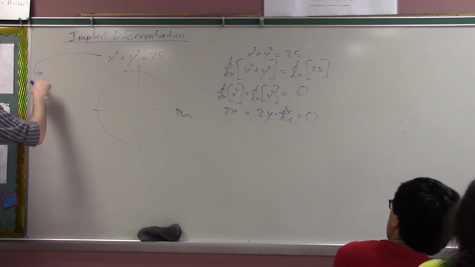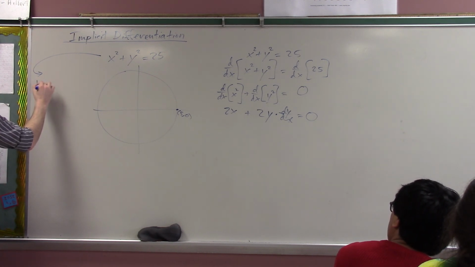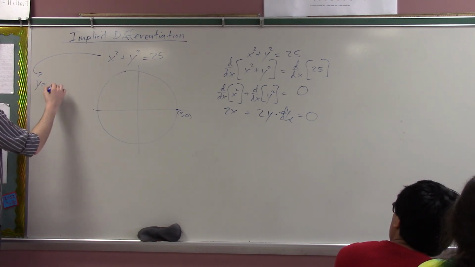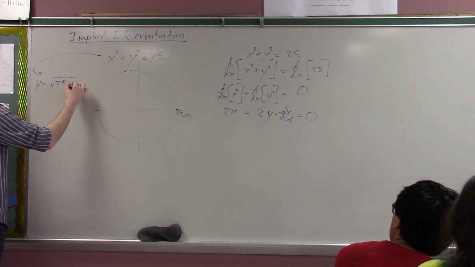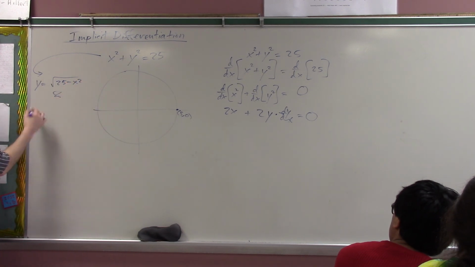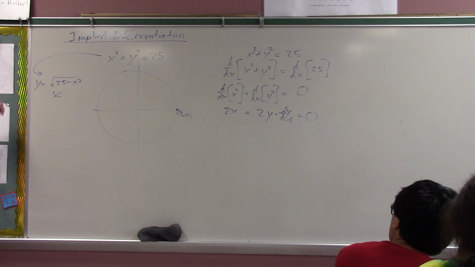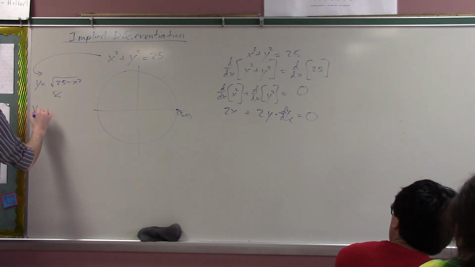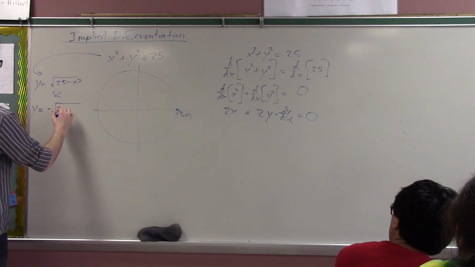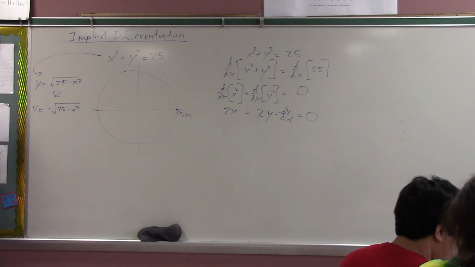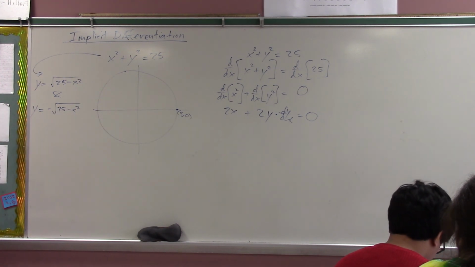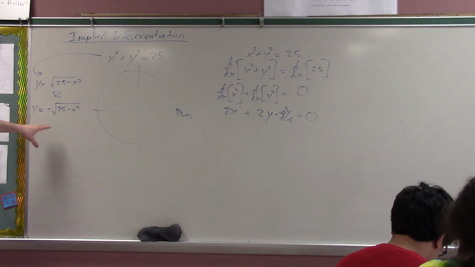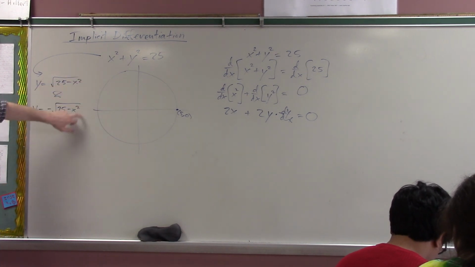If I solve for y, I get y is the square root of 25 minus x squared, and there's a plus-minus situation going on. So y is plus or minus the root of 25 minus x squared.